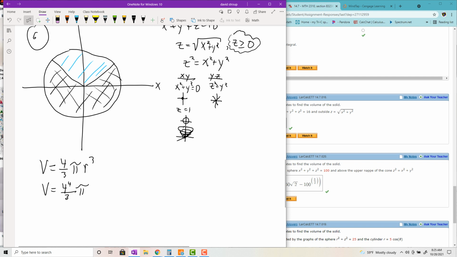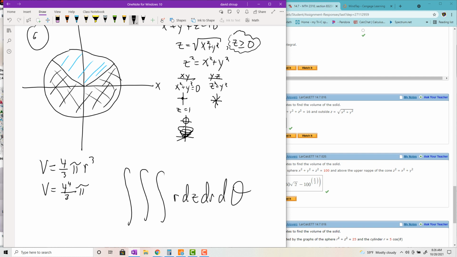In order to pull that off, it's basically surface to surface, and we have to think in polar terms eventually here. So it's going to be r dz dr d theta, going from z equals the lower portion to z equals this upper portion here.